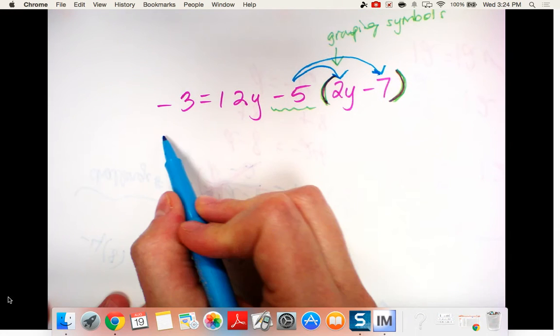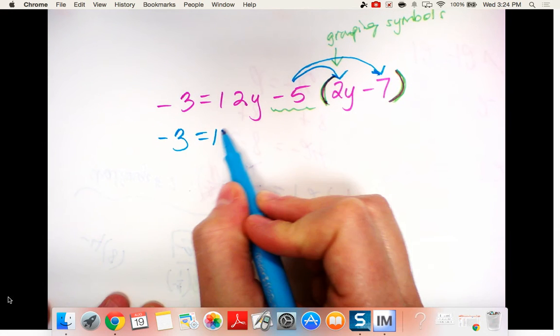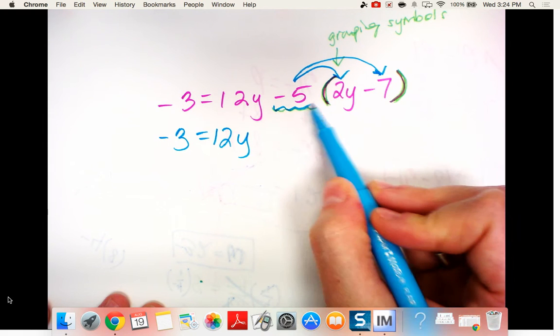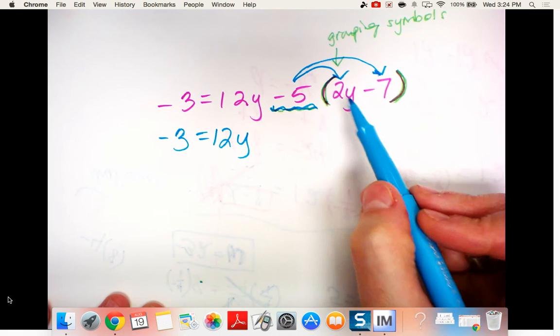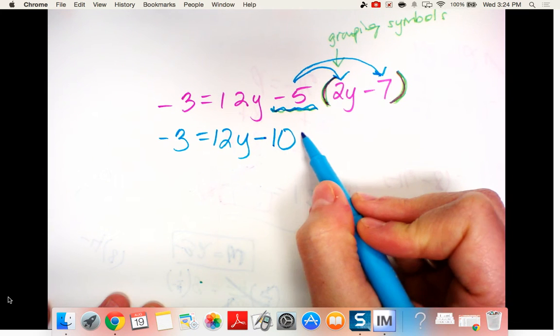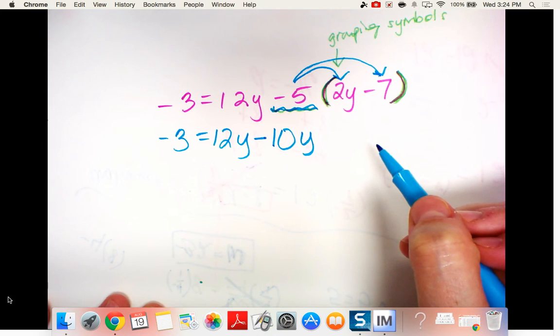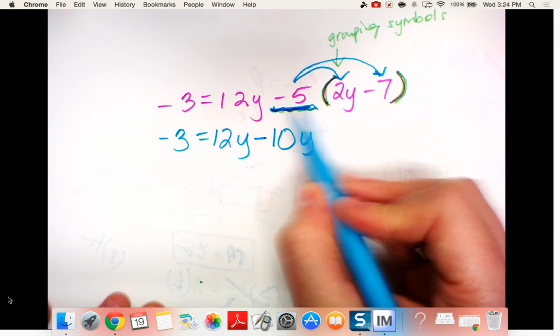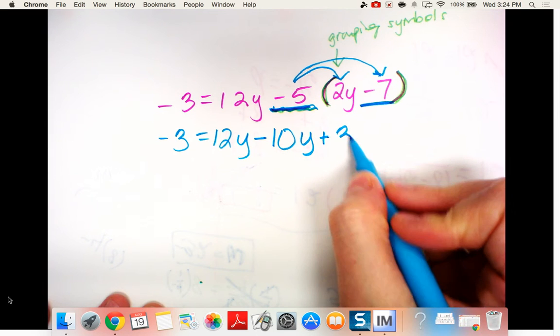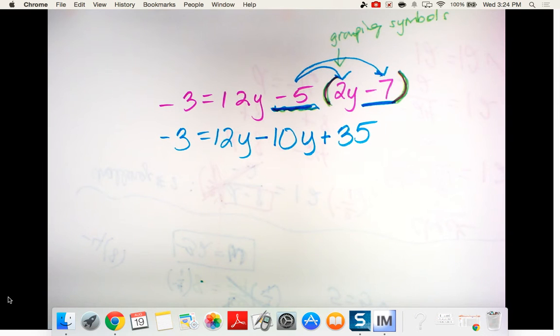So let me bring down everything I haven't used yet. Negative 5 times 2y is negative 10y. Negative 5 times negative 7 is positive 35.